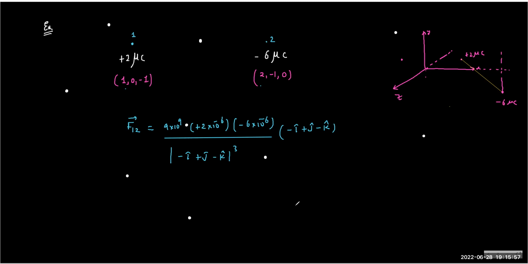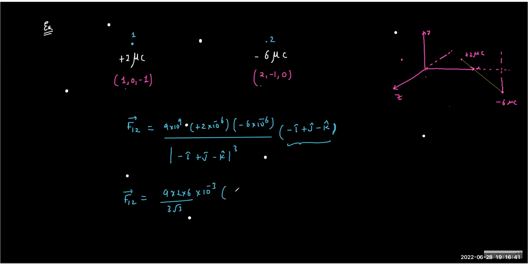Now, if you want to simplify, of course you can do it if you have guts. Okay, let me do it. So the rule says whatever should be outside is the number. So the sign must be inside this bracket, not outside. If minus is coming outside, put it inside, and then you can multiply 9 into 2 into 6. Mod of i j k is root 3, so 3 root 3. 10 to the power minus 6 minus 6 minus 12 plus 9 minus 3.